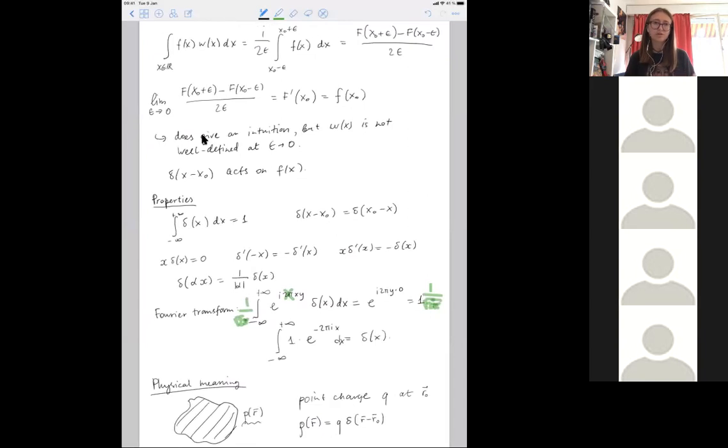Then in the beginning of the 20th century, Dirac created a more complete theory of these delta functions, and this work started the whole idea of functional analysis and this more mathematically rigorous approach to functions like the delta function.